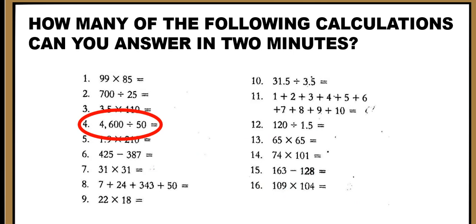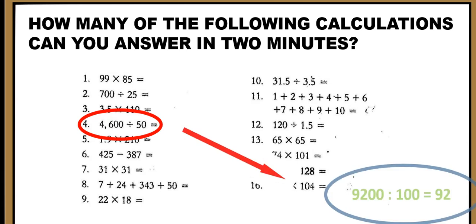That is 4,600 divided by 50. In one viewpoint, this is a big number, but in another viewpoint, this is very simple when we convert the expression into 9,200 divided by 100.